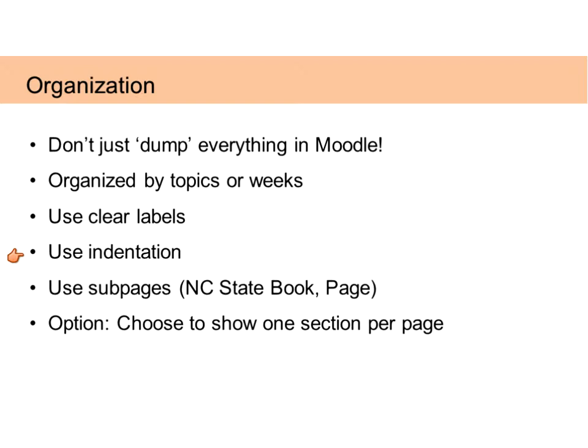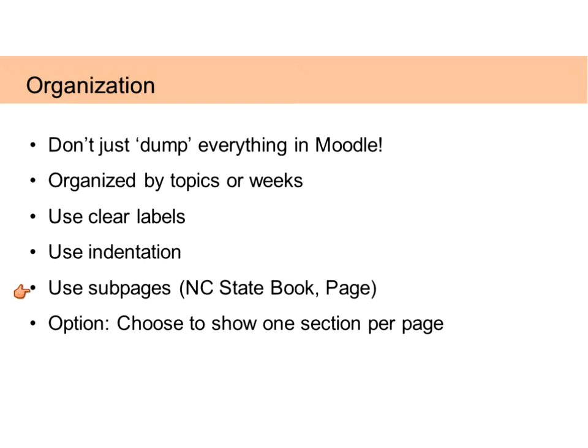Have you ever gone to a website where the information just keeps going and going, the page is very lengthy? We call that scroll of death. Have you all experienced that? If so, you want to try to avoid that happening in your Moodle course. In Moodle, you can use subpages for details, so the home page won't be too lengthy.